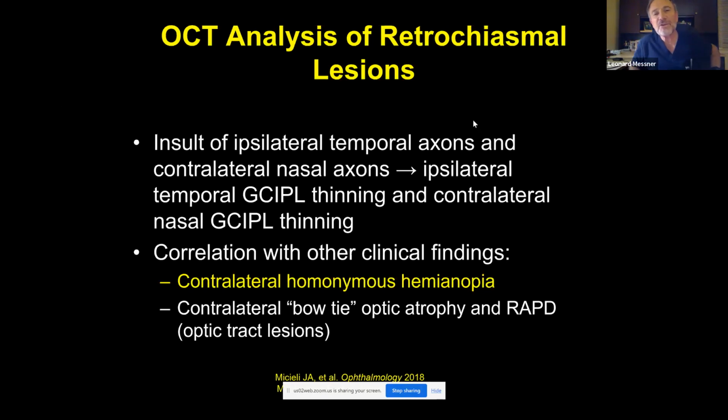So if you see a homonymous visual field defect, you know that the individual has a retrochiasmal lesion, either involving the tract, the optic radiations, or the visual cortex, the occipital cortex.